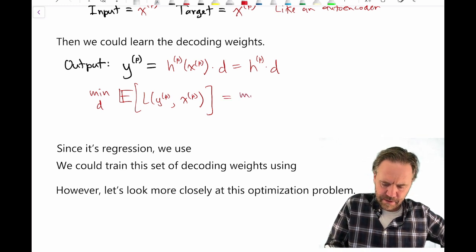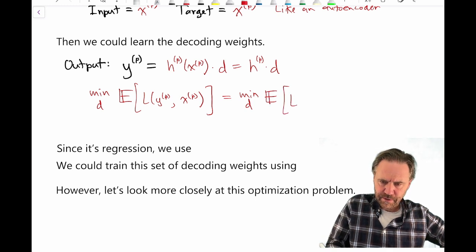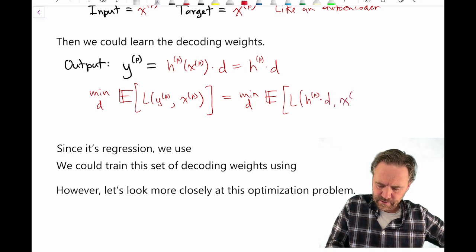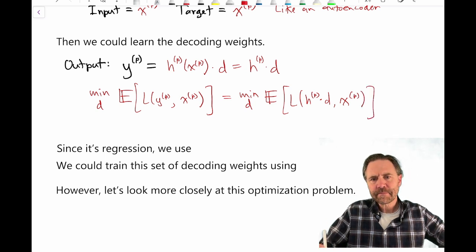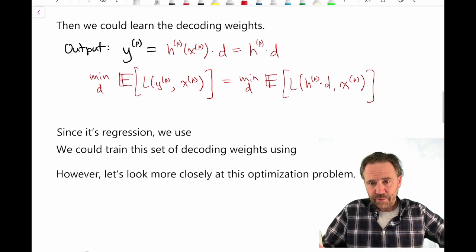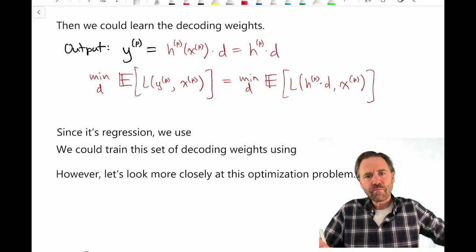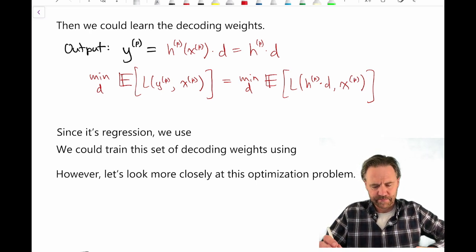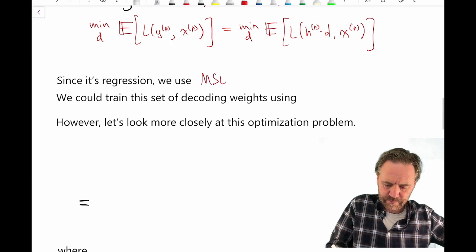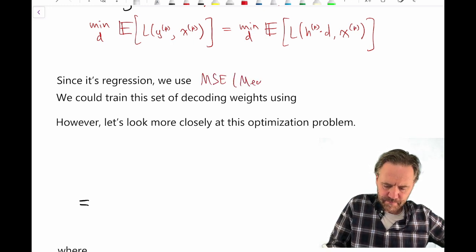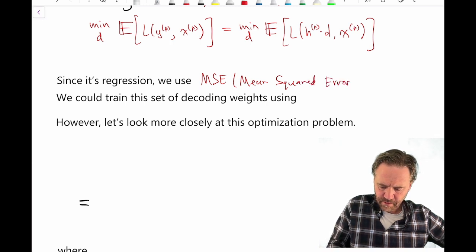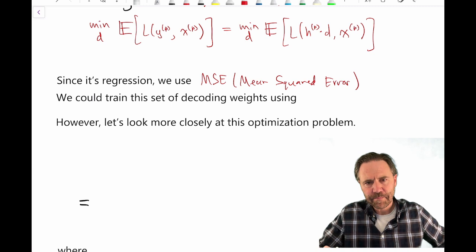Which is minimizing over D the expected value of the loss between H dotted with D and X. Now, since this is a regression problem, we're going to use the mean squared error. It's typical to use that for regression.